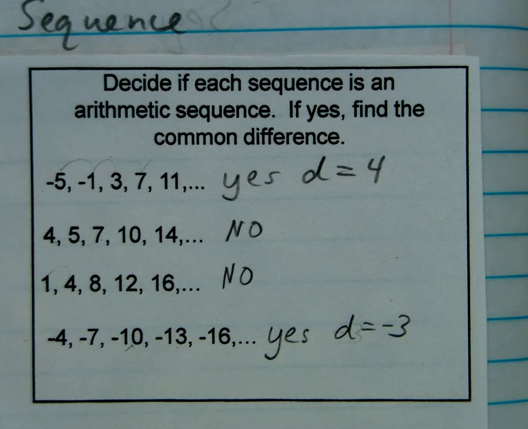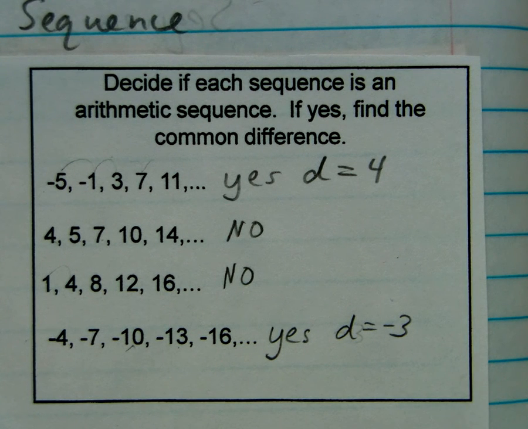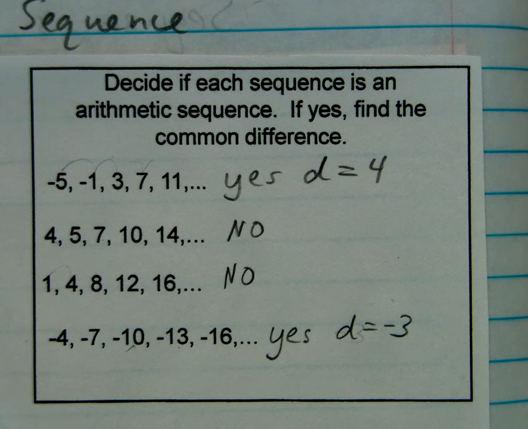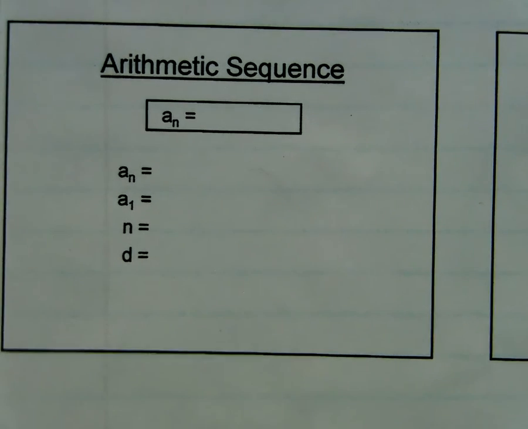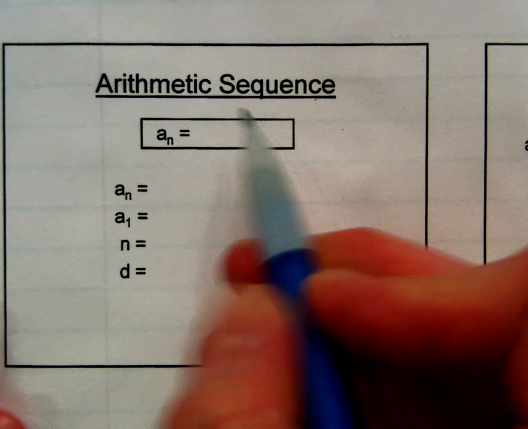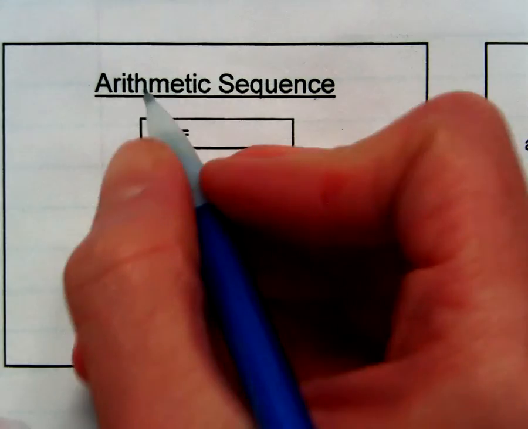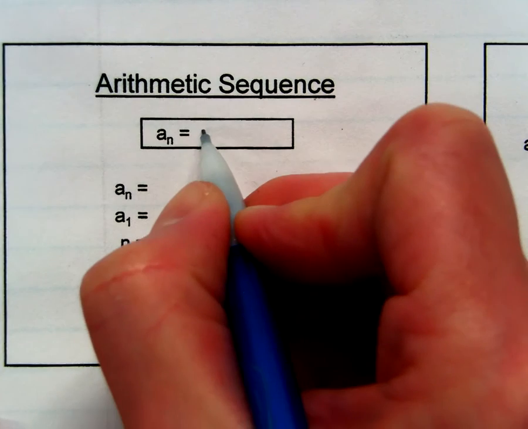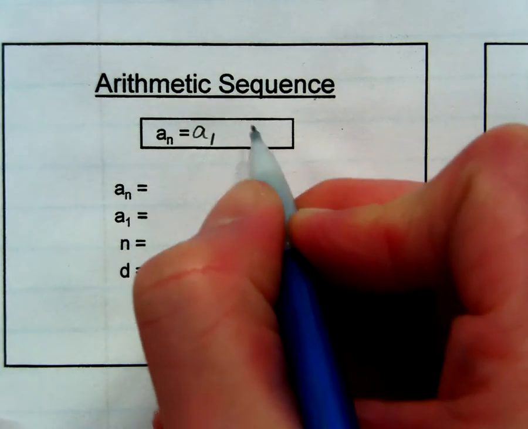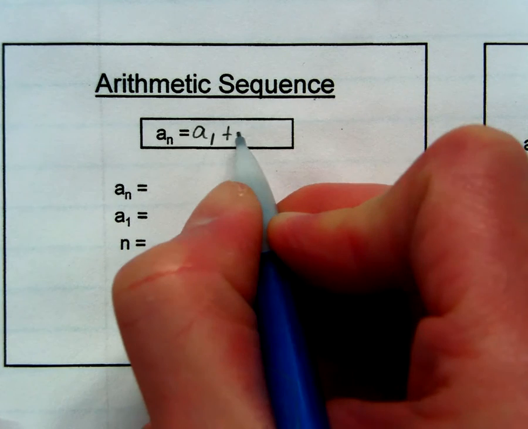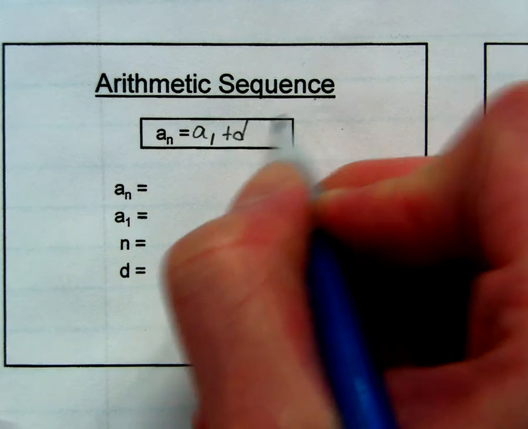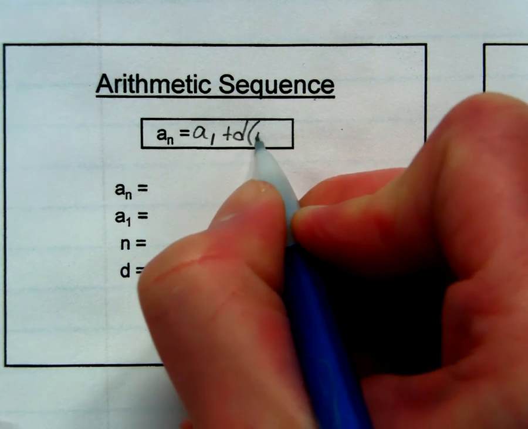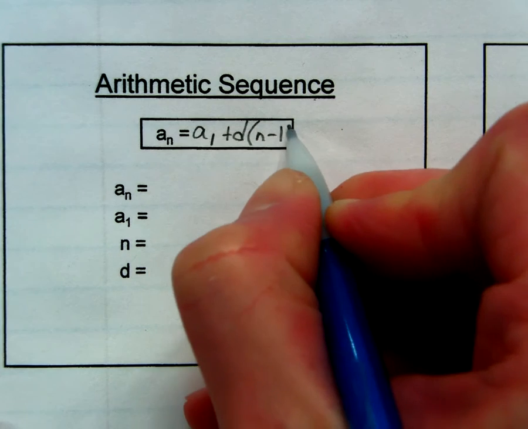Okay. What we're going to learn with arithmetic sequences today is how to write the formulas like we were looking at yesterday. With an arithmetic sequence, there's a general pattern. A_n equals A_1, which is your first term, plus the common difference D, times parentheses n minus 1.